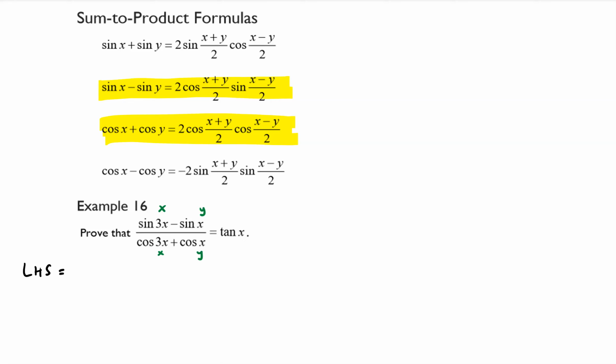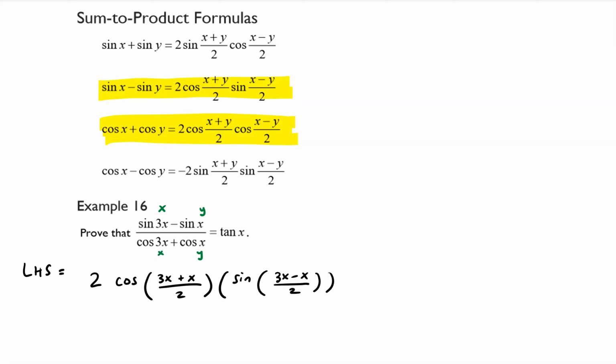So in the numerator, I can rewrite this as 2 times cosine of the first angle, which is 3x, plus the second angle, which is x, over 2, times sine of the first angle, which is 3x, minus the second angle over 2.